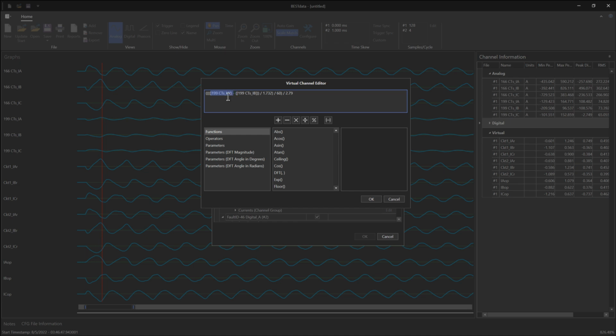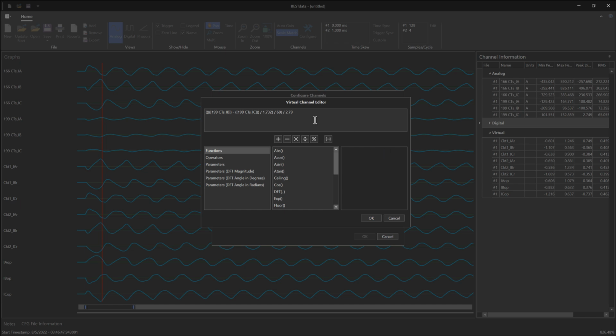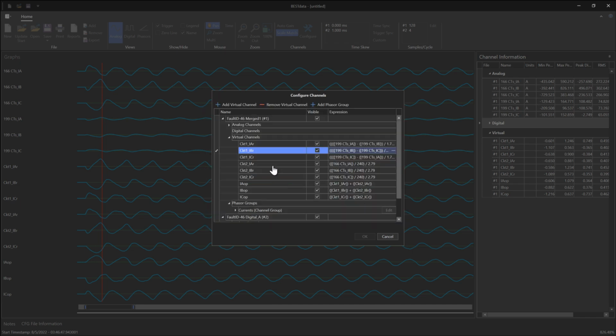So I take that 199, the raw current, I subtract out current of B, so that's A minus B. I take 1.73, that is the square root of 3, I divide it by the CT ratio or the CT multiplier 60, and finally 2.79 is that tap value. So that's what I have to do to create the restraint current of channel A. I do the same for channel B and C, and B minus C, square root of 3, CT ratio, and tap.